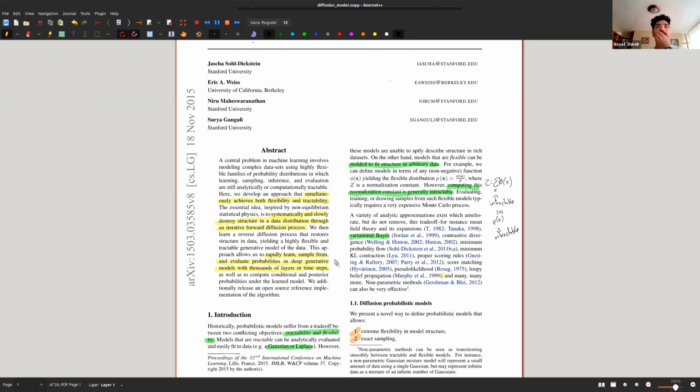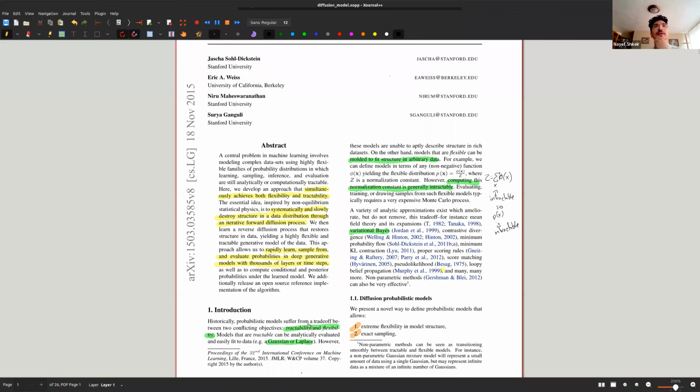But yeah, okay, so in the introduction, they say probabilistic models suffer from two main things: tractability and flexibility. A lot of the distributions that you're going to be working with in generative models are not really tractable, unless you're working with Gaussians, which are super nice. The other main thing is flexibility.